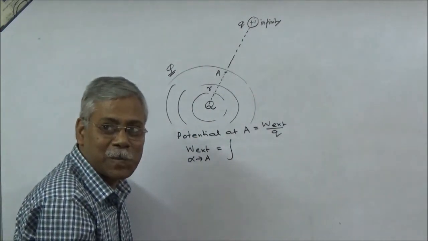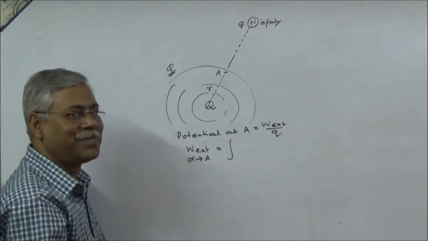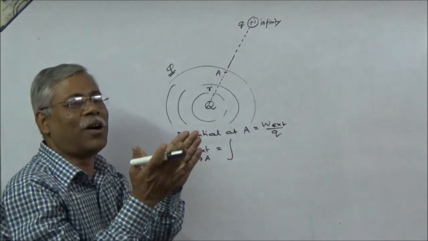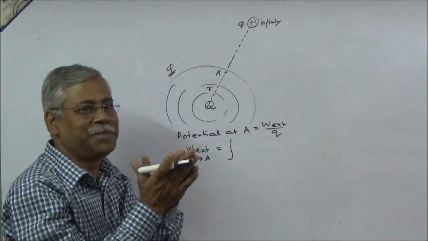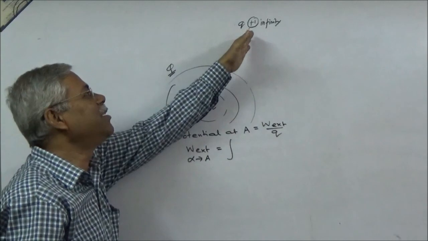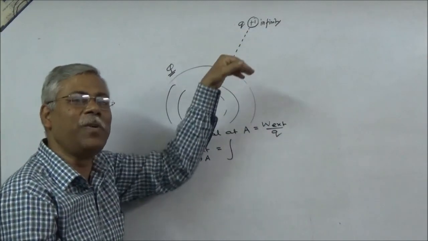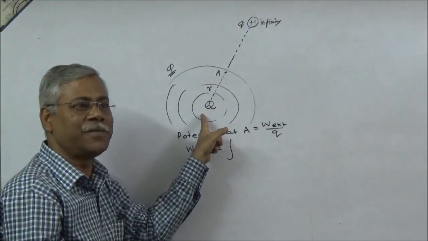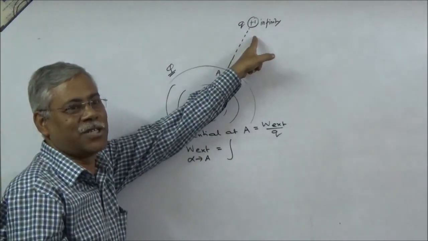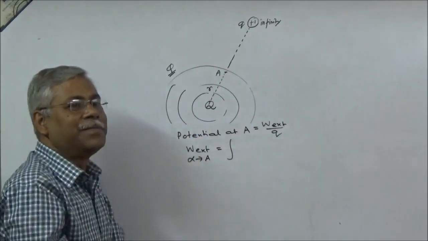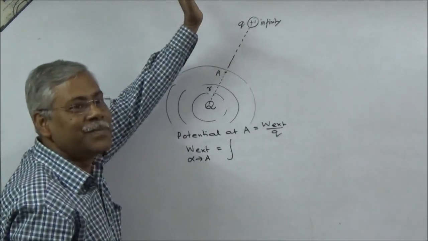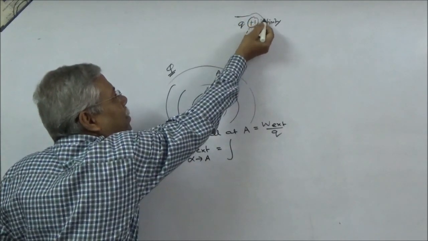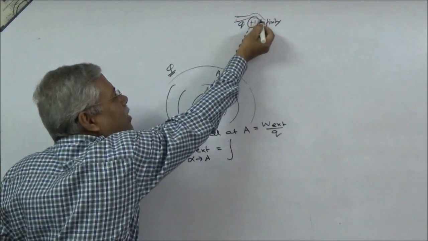In bringing the charge, we have to push it towards this charge. The external force exerted by the external agent could be towards this or away from this. This is a positive charge and this is another positive charge, so it is repelling. If you want to bring this charge, you will have to hold the charge like this.